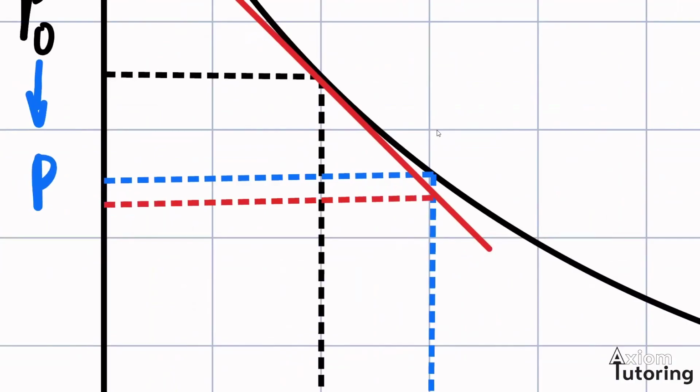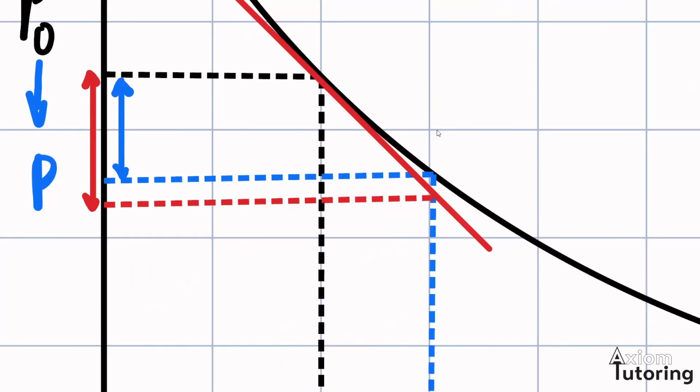So now we're saying this distance, let me just color it in a different way, this distance here is the approximate change, while this distance here is the actual change. So now you can see where the error comes from.